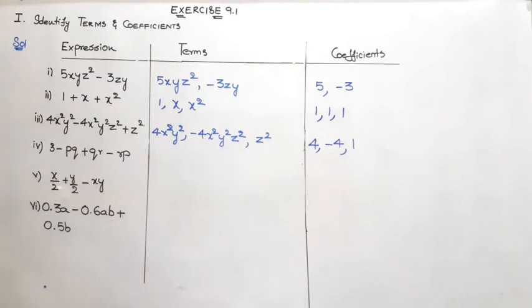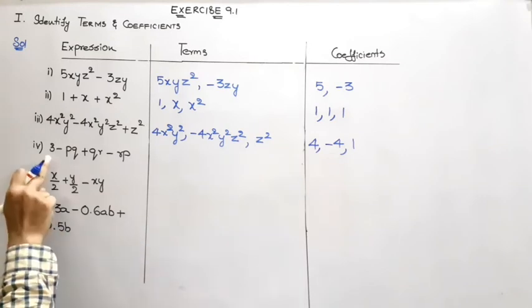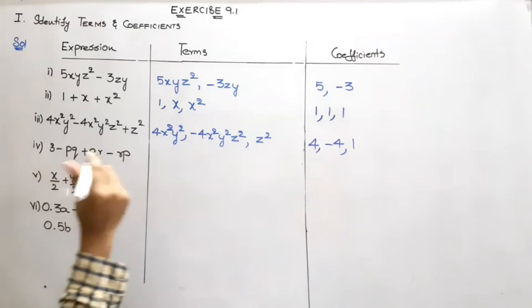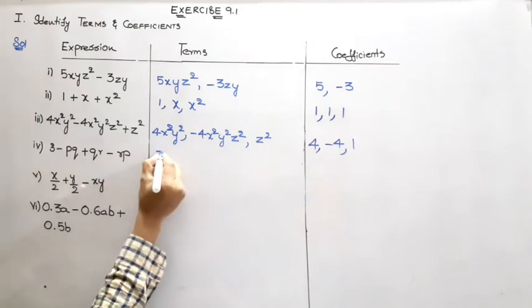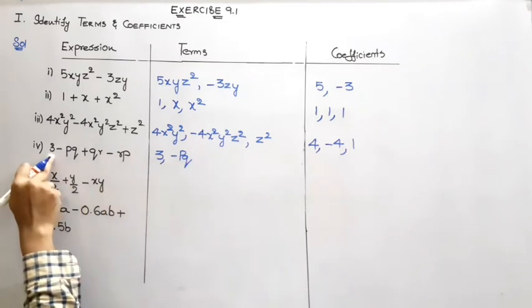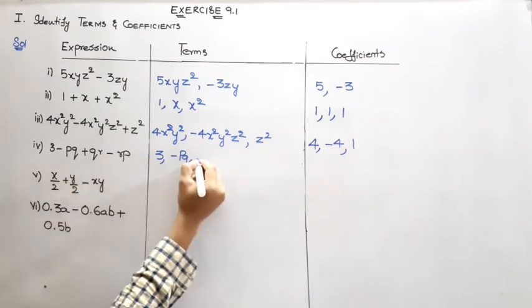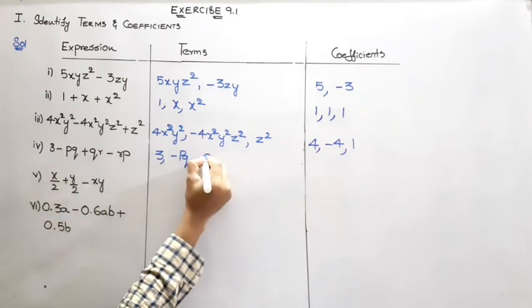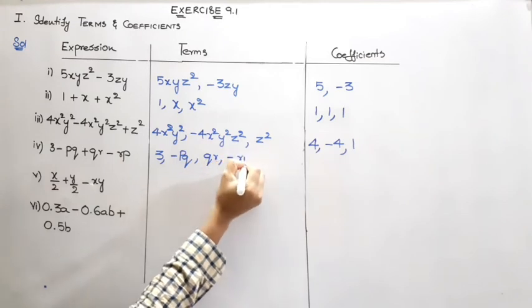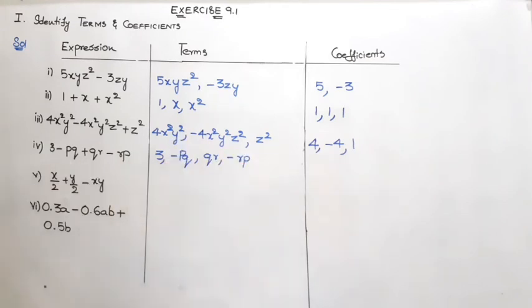Now look. The fourth one, 3 minus PQ plus QR minus RP. So the terms are going to be 3, minus PQ, as I told, we have to consider numerical terms also, plus QR, and minus RP.